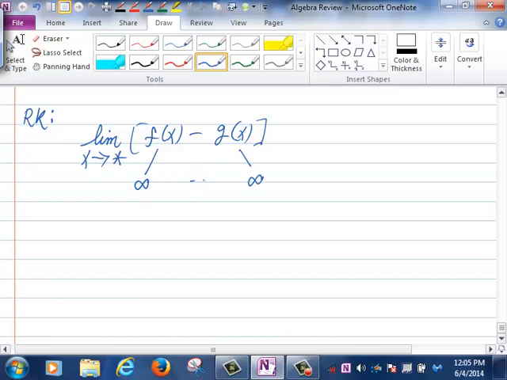So what you have is infinity minus infinity, right? So you have the difference of two functions, and each function goes to infinity. The question is, what's the limit of the difference? Anybody? Do you have an answer for what should be the limit?